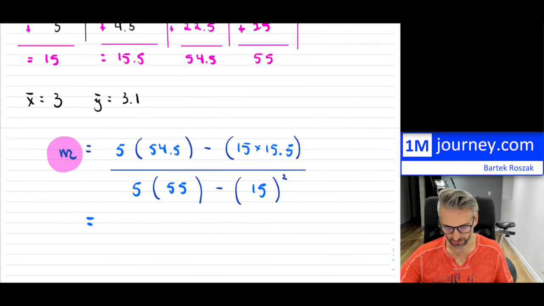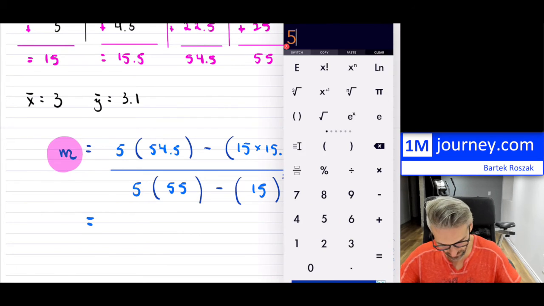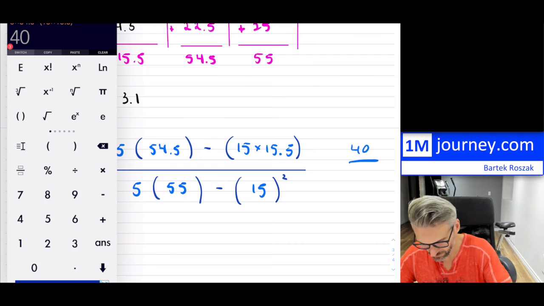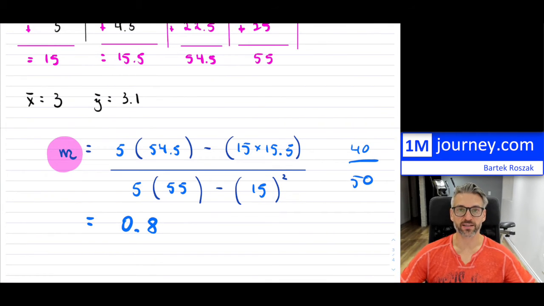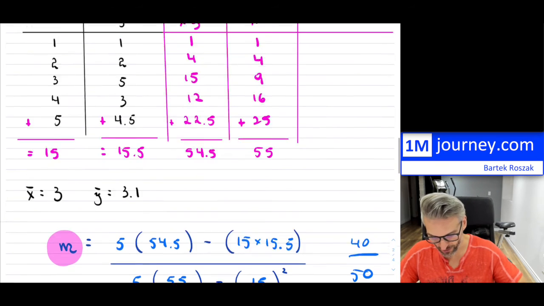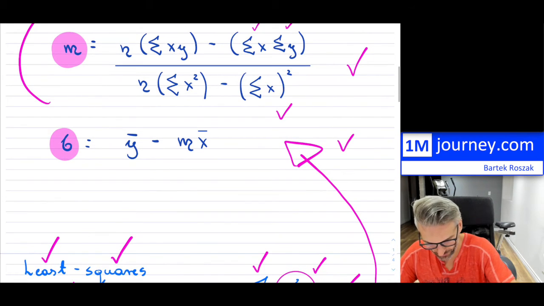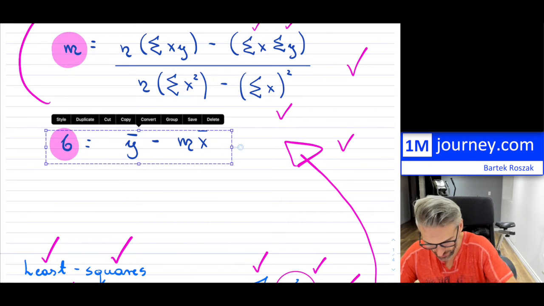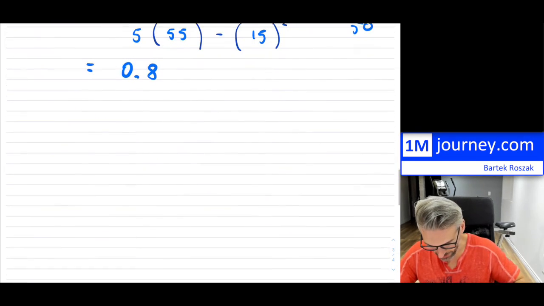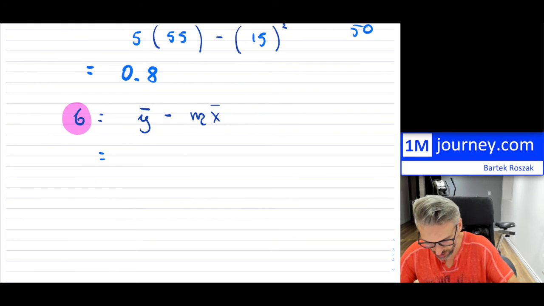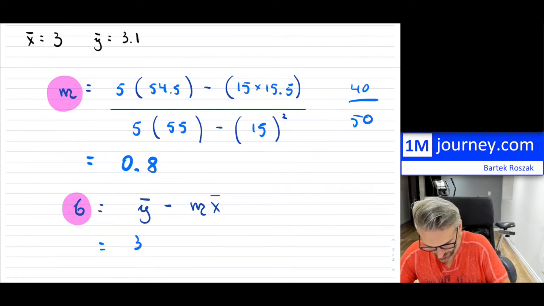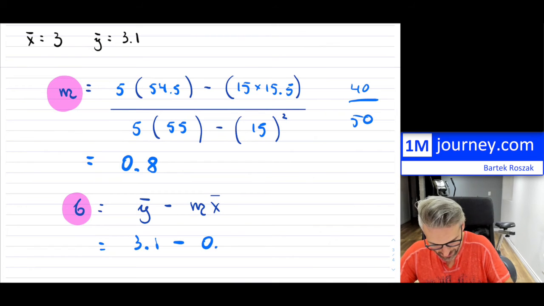All right, and I can compute that out. So let me just do that quickly. So that is equal to 0.8. So that's my slope. And now for my y-intercept, I will take this right here, bring it down. Now substitute all of those in. So that's 3.1 minus 0.8 times 3.